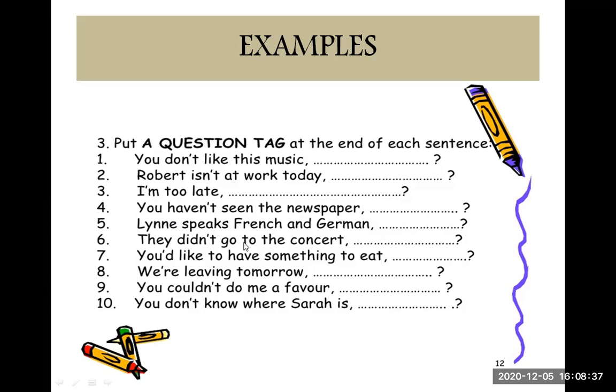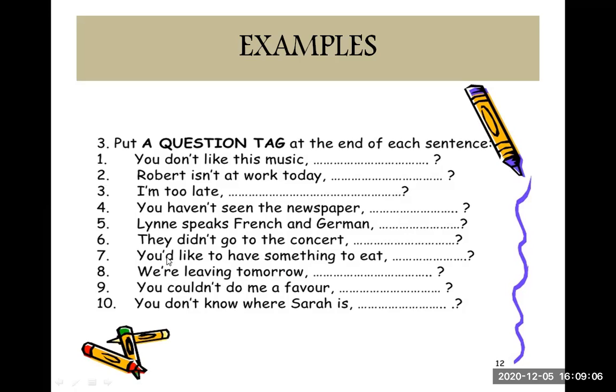They didn't go to the concert. Negative one. So the positive question tag will be: did they? You'd like to have something to eat, won't you? We are leaving tomorrow.